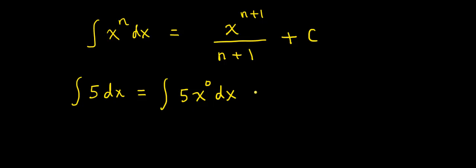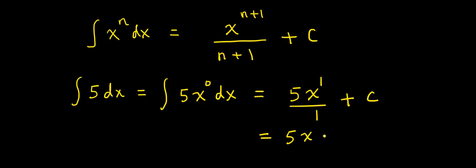It's going to be 5, since 5 is a constant, and then x to the 0 plus 1 is going to be 1, divided by 1. And then don't forget to put plus c. So it's going to be 5x plus c. Now you could check: what's the derivative of 5x plus c? It's going to be just 5.